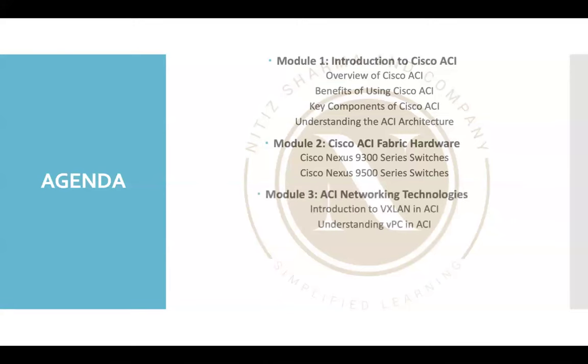Next is ACI networking technologies. Once we are done with the hardware, the Nexus switches that are used in ACI, then I will also be introducing certain topics, certain protocols like VPC and VXLAN.